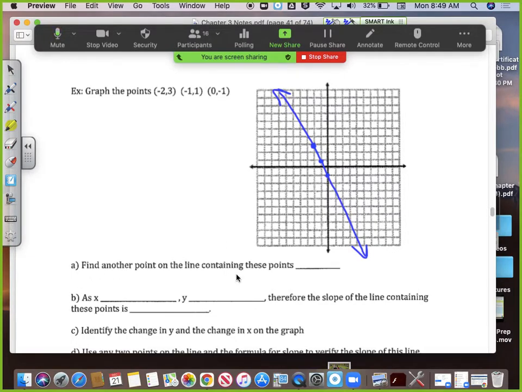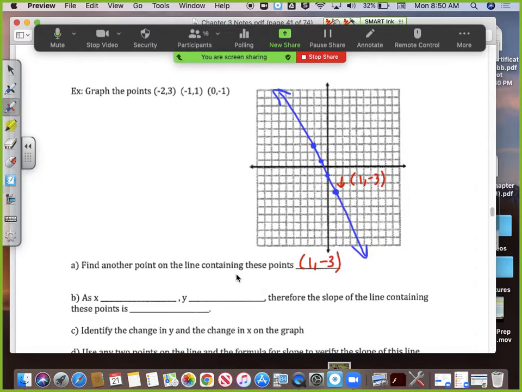Letter A is asking us to find another point on the line that contains these points. Well, I can just look at this point right here. I can see the way the line is going. To get from one point to the next, I can see that you're going down 2 and you're going over 1. So here's another point right here that lies on this line, and that's 1, -3. So another point that lies on the line is 1, -3.